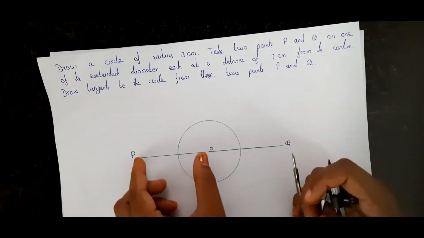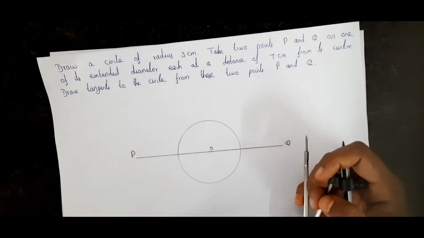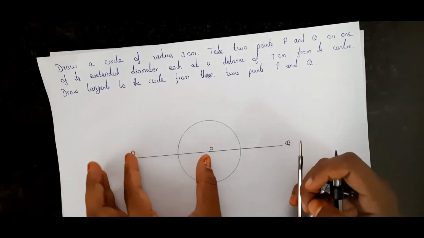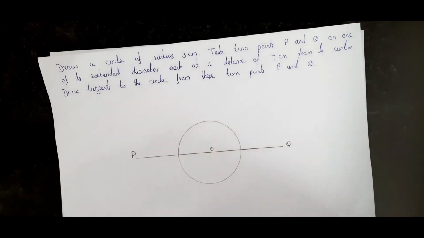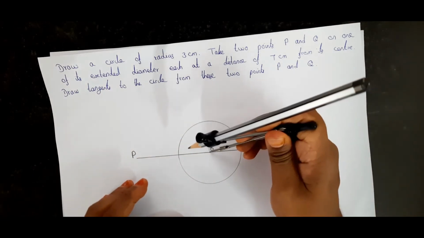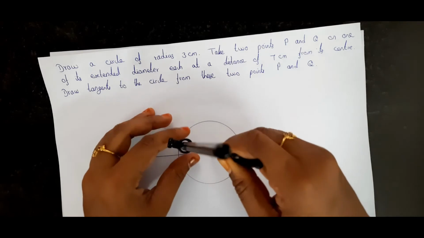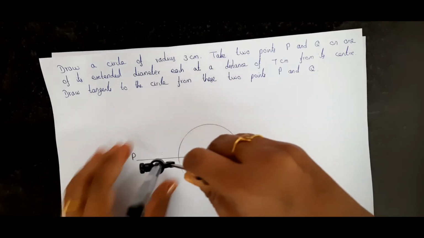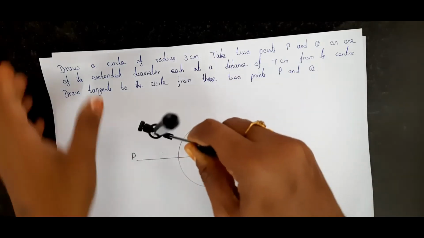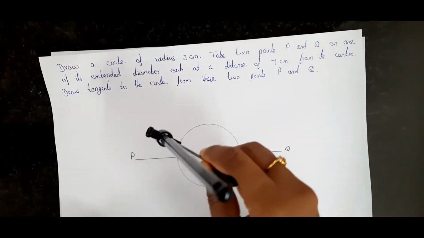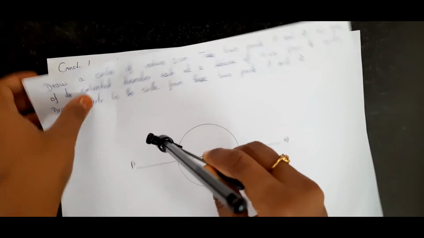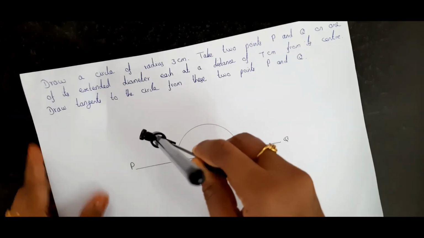First we have to bisect this OP. Then also we have to bisect this OQ. First I am going to bisect OP. How to do the perpendicular bisector? We have to take more than half of OP. OP is 7 cm, half means 3.5, so more than half you can take 4 or 5.